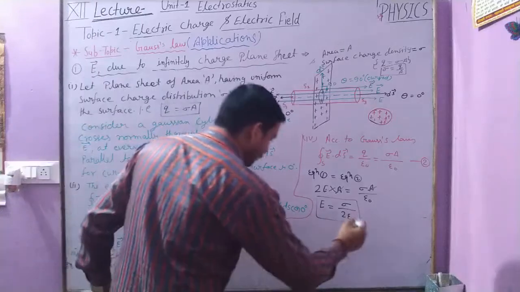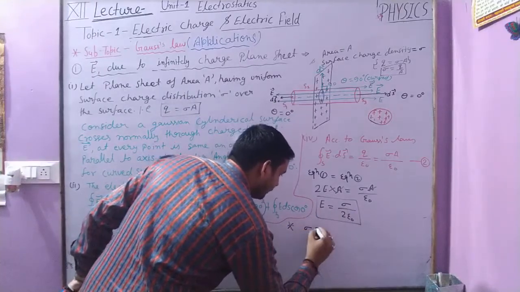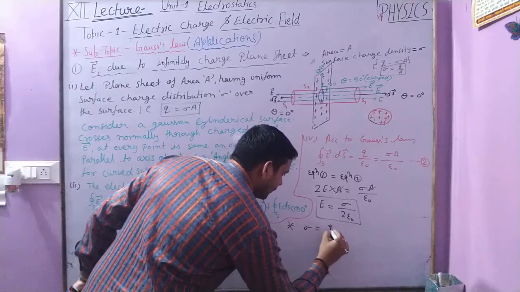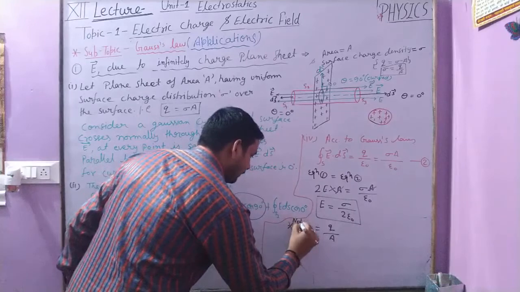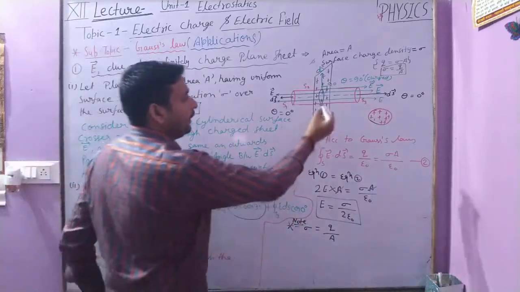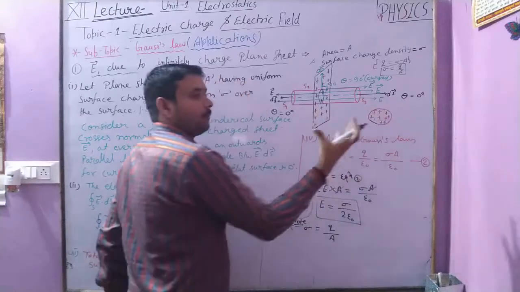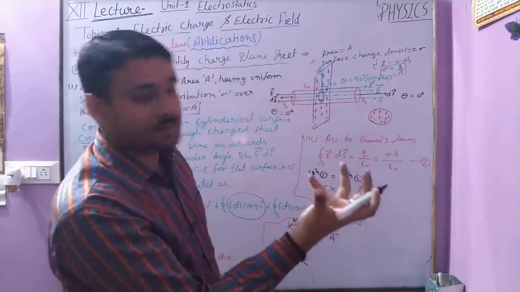A small note, which is, as you know, sigma is equal to Q upon A. This is basically only a note. Sigma is equal to Q upon A. And which kind of part of the charge sheet remains in the cylinder?